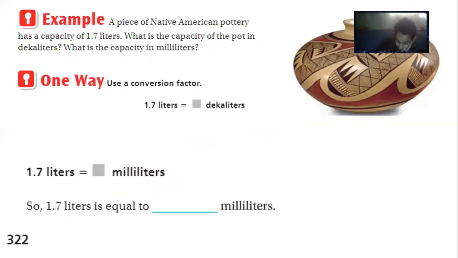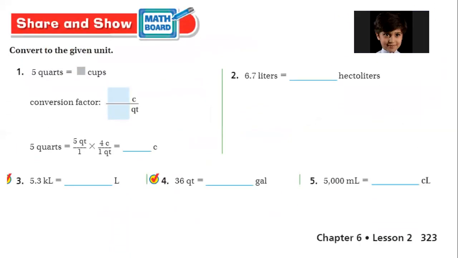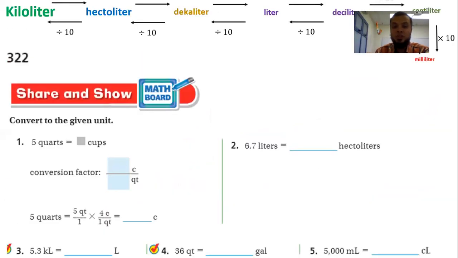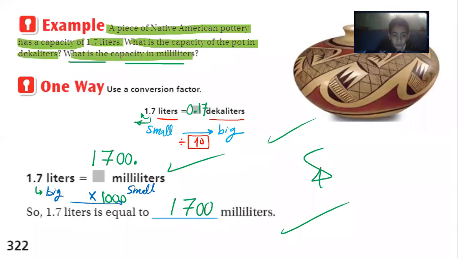Mister, I have another question. Mister, can you go up? I did not finish writing. If you want to finish, please finish. Why when we divide do we move to the left, not to the right?